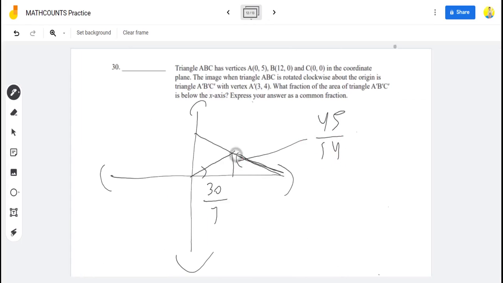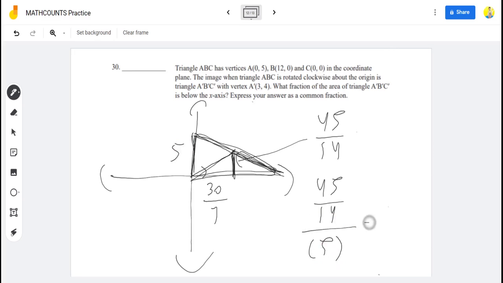And the ratio of this length to this length is the same as the ratio of this length to this length by similar triangles. So the ratio of this length to this length is the ratio of this area to this area. And that's what we're trying to find. So 45 over 14 divided by this, which is 5, is equal to 9 over 14. And 9 over 14 is our final answer.